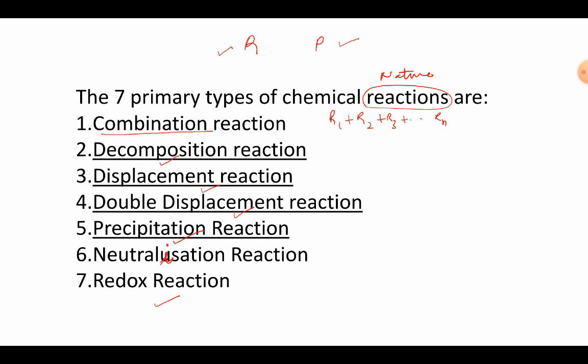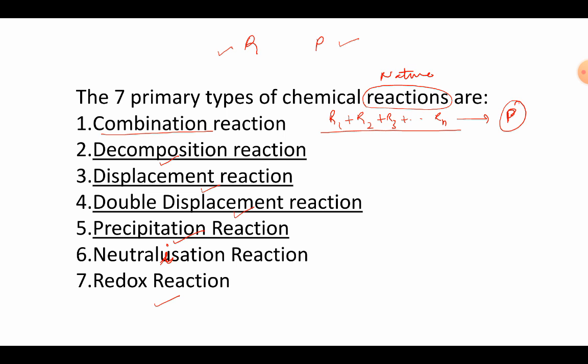Okay, they all will combine with each other and will form a single product. So now I guess we are clear what we mean by a combination reaction, that there will be two or more than two reactants, and they all will combine with each other and form a single product. So that is called a combination reaction. The reactants are combining with each other.